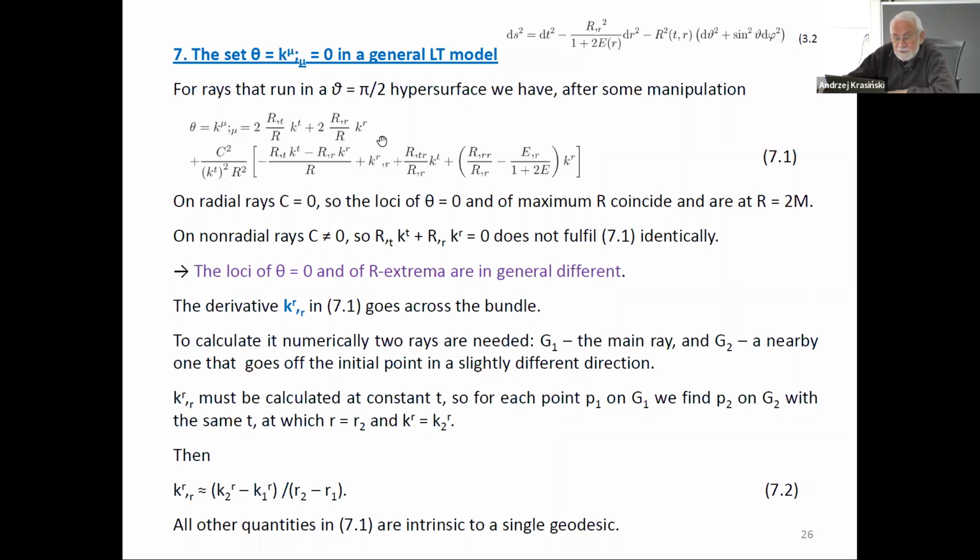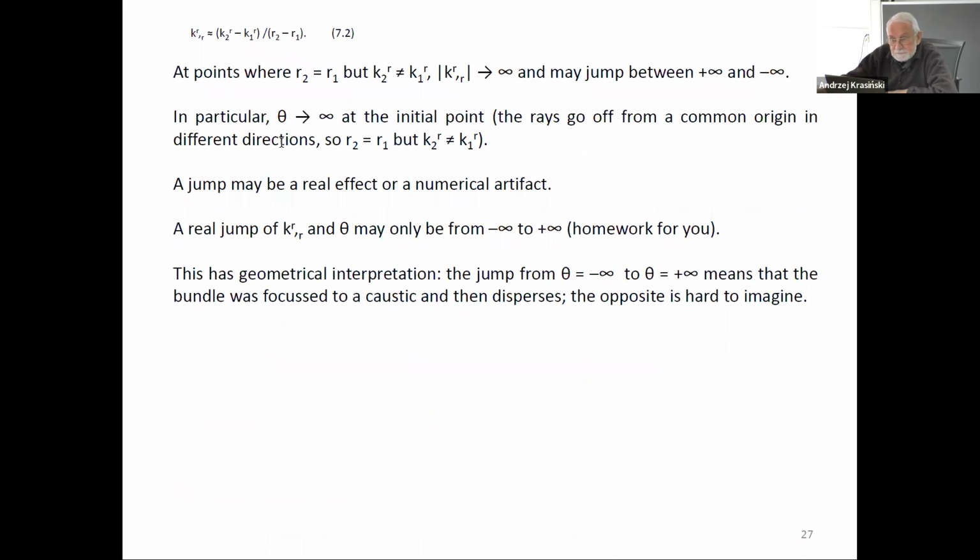Now, all other quantities in this equation are intrinsic to a single geodesic. It may happen, for instance, it happens at the point of origin, that R2 is equal to R1, but K2 is different from K1. So at the point of origin, the scalar of expansion is infinite.